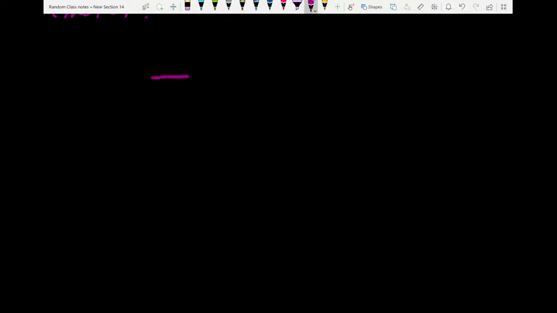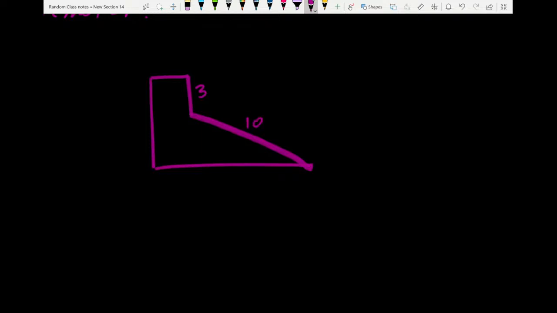Let's look at this. This is a good one. 3, 10, 12, 9, and 4. First, we need to find the area and the perimeter.